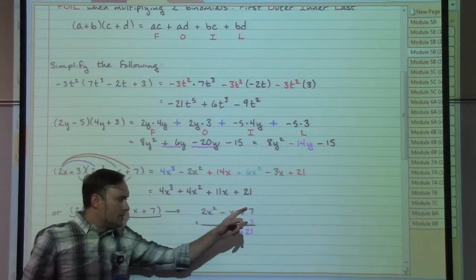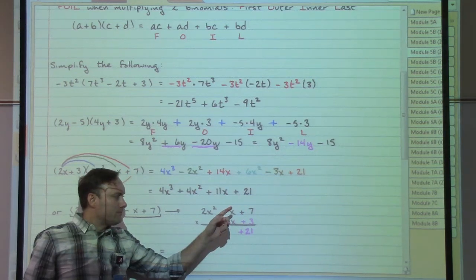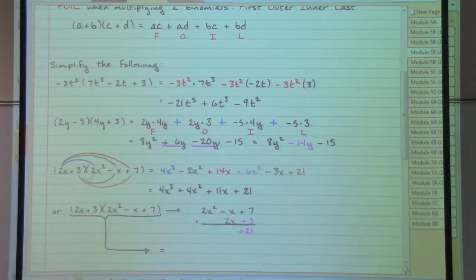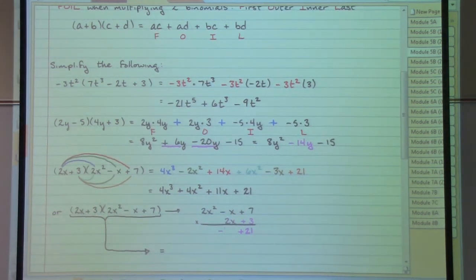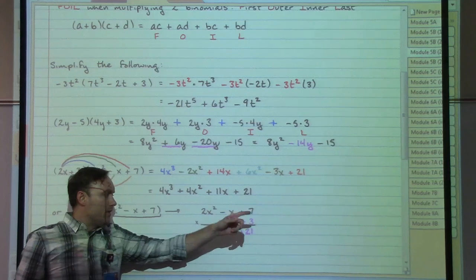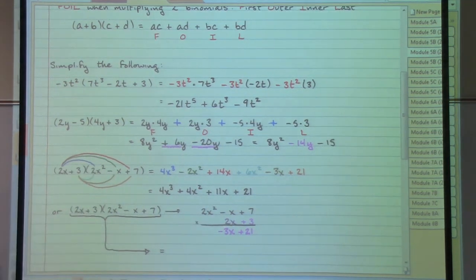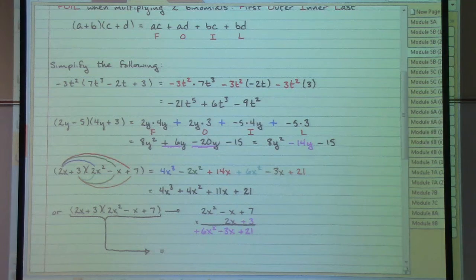Take that number at the end of the second polynomial, multiply by what's in front of that 7. So 3 times a negative x would be a negative 3x. Take that number at the end of the second polynomial, multiply by what's in front of that x. So 3 times 2x squared would be officially a positive 6x squared.